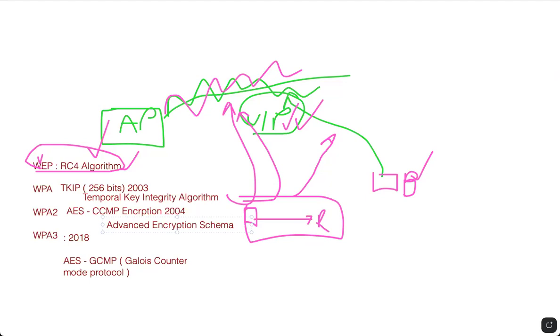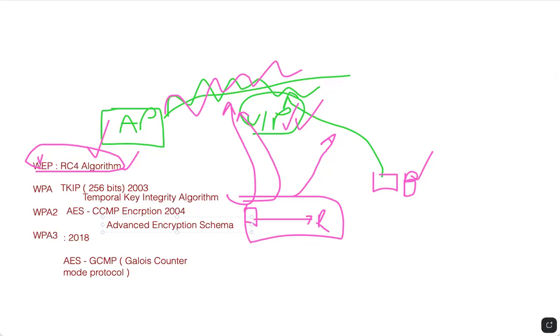Bhavana, what is an autonomous AP? Sir, it is a device that allows a single device to manage the traffic independently without any additional support from the base point.